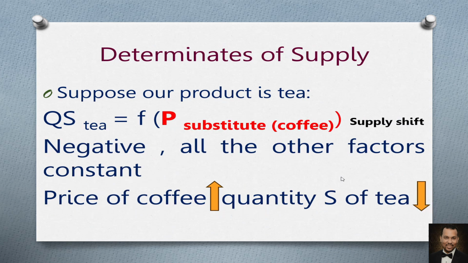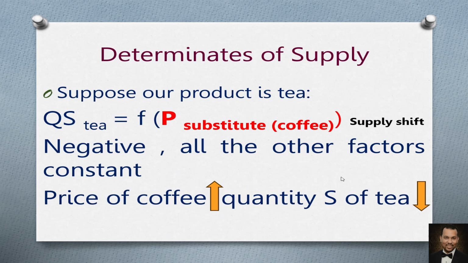The next, quantity supplied of tea and the price of a substitute. In our example, we talk about coffee. The seller may sell tea or coffee, so this is a substitute product from the supply side. For this factor, we talk about a supply shift, a new supply curve. So there is a negative relationship between the price of the substitute and the quantity supplied of the original product.